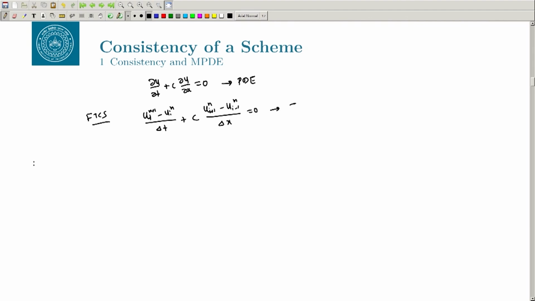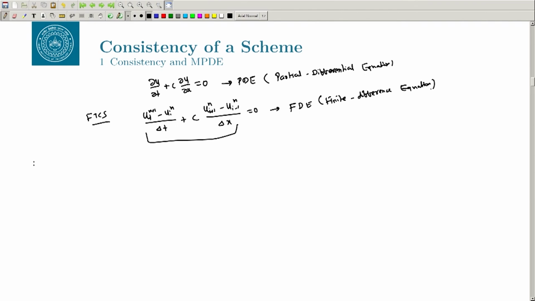So, this is my finite difference scheme equation. Okay. So, this is my partial differential equation and this is your finite difference equation, or discretized equation, right, obtained by using the FTCS approach.